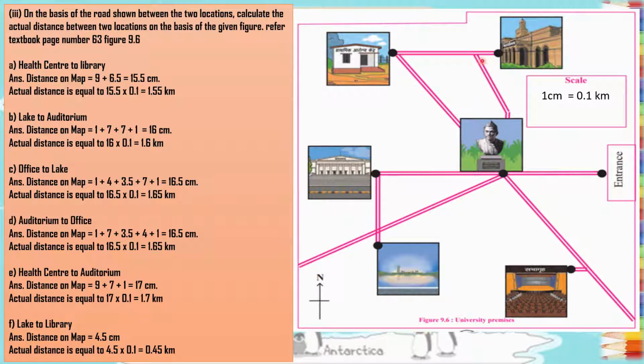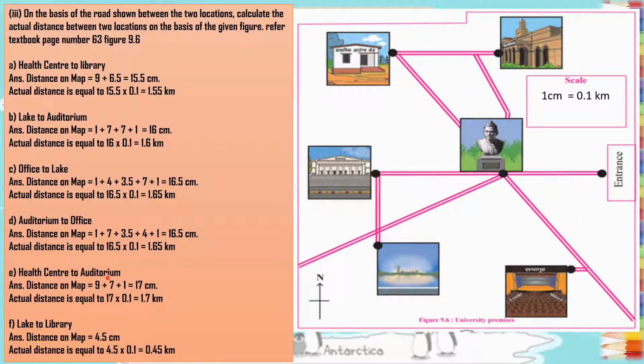And then last is 1 centimeter. Okay. So 1 centimeter plus 7 plus 3.5 plus 4 plus 1 is equal to 16.5 centimeter. And actual distance is equal to 16.5 into 0.1, we get 1.65 kilometer. So from auditorium to office is 1.65 kilometers.